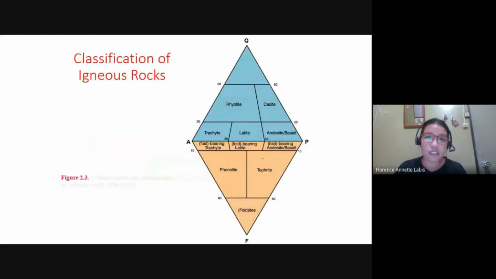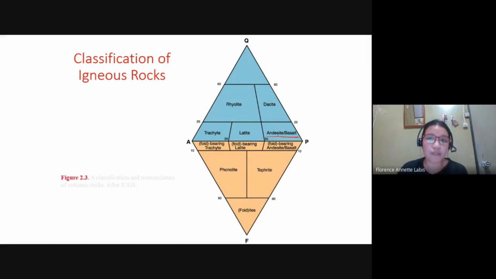And another IUGS diagram, the QAPF diagram for volcanic rocks. Just like what we encountered earlier with diorite and gabbro, for volcanic rocks, the problem we usually encounter is identifying between andesite and basalt.